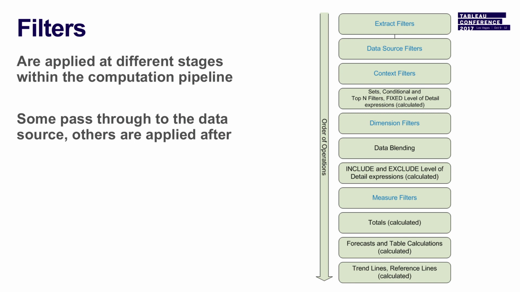Particularly with filters, we need to understand that there are filters that occur at multiple places, and in many of those cases, there are also different types of filters that we could apply that, again, if we use them carelessly, can result in poor performance.